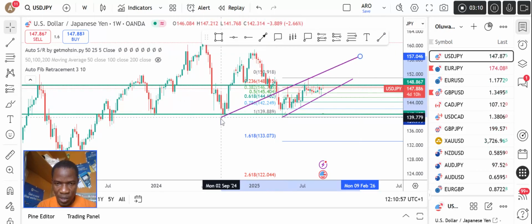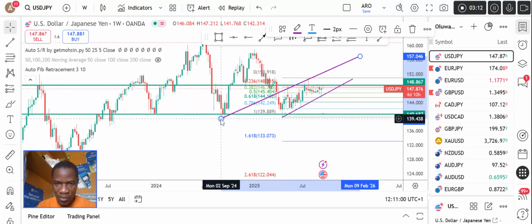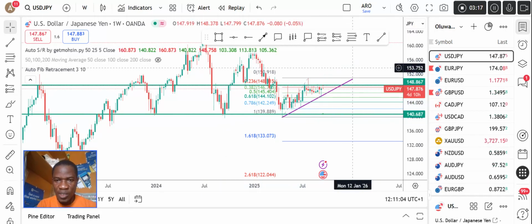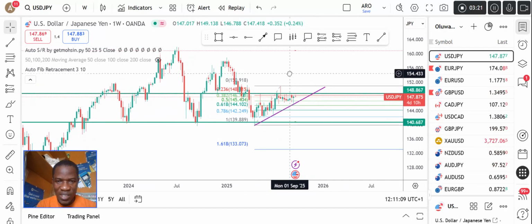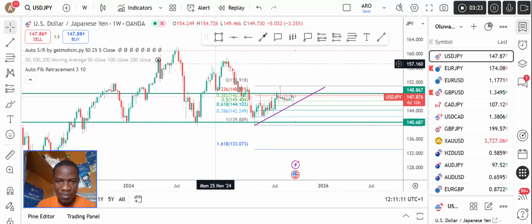So let's pick this area. I have to delete that, don't need it. So the market has been moving in that particular area for some time now.